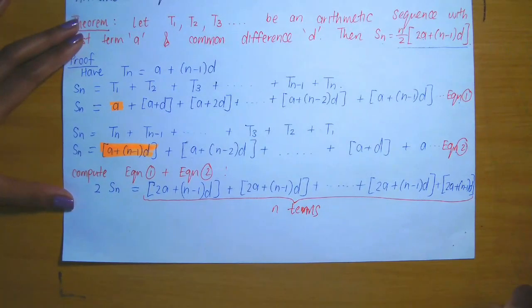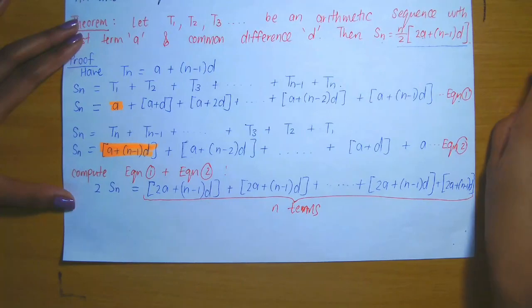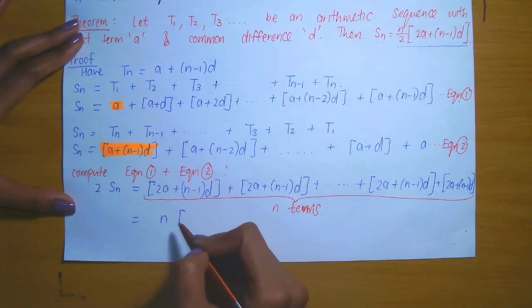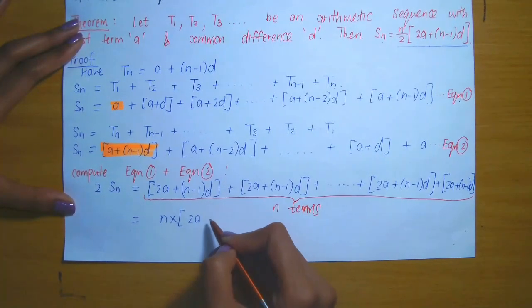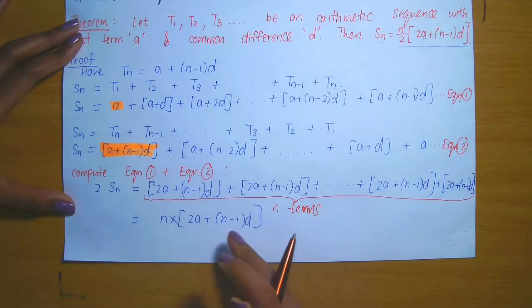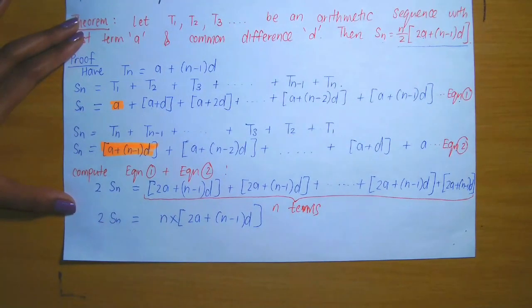So if I have n identical terms being added to each other, then essentially what this means is that I have n times 2a plus n minus 1 times d on the right-hand side, and 2 times Sn is equal to that.